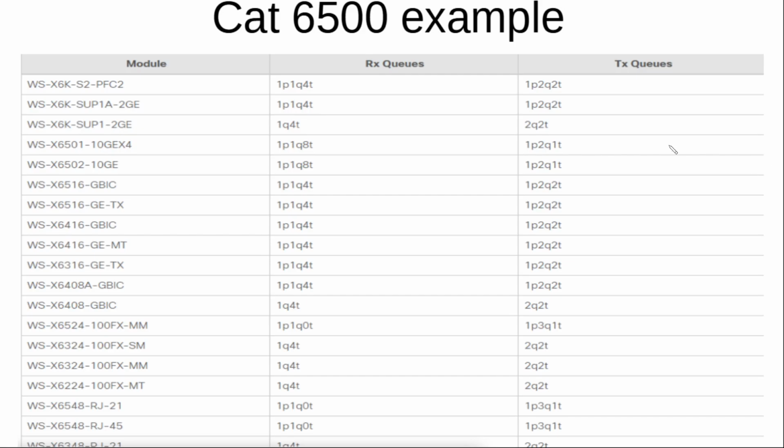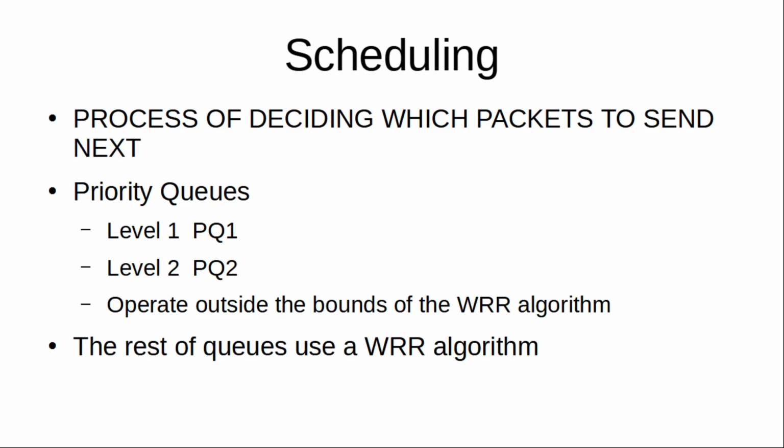For instance, this is a list of network cards that you can insert into a Catalyst 6500, and each card will tell you with this notation the amount of priority queues, the amount of normal queues, and the amount of thresholds that it has available for you. So you have to learn to read this notation in order to know how many queues you have available for a certain hardware.